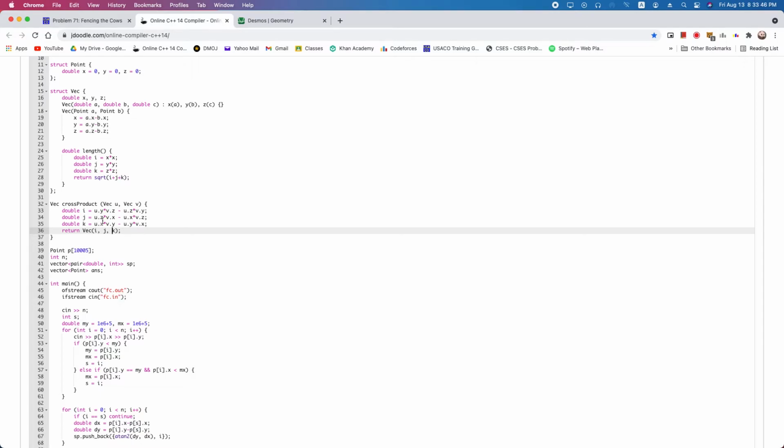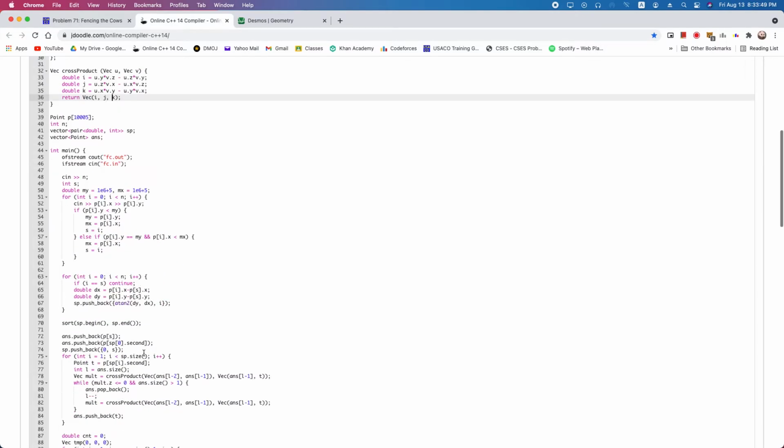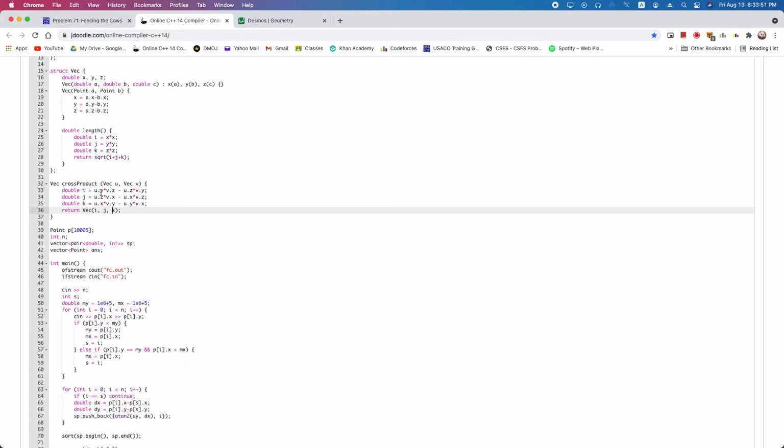And here, how we will check for the orientation is that we know that our z values at the beginning are all 0 because we don't have a z value here. So these 2, i and j, will just remain as 0. And this k will have a value, which is the first x value multiplied by the next y value, subtracted from the first y value multiplied by the second x value.